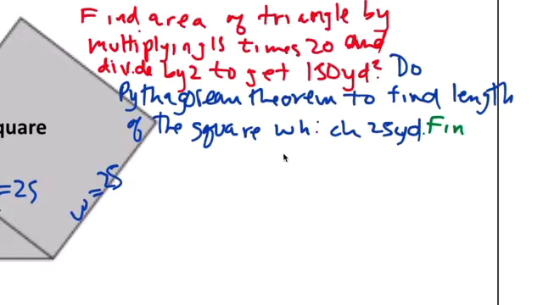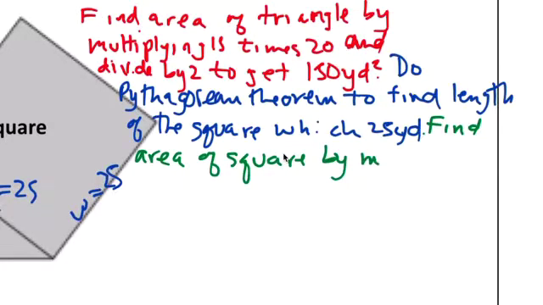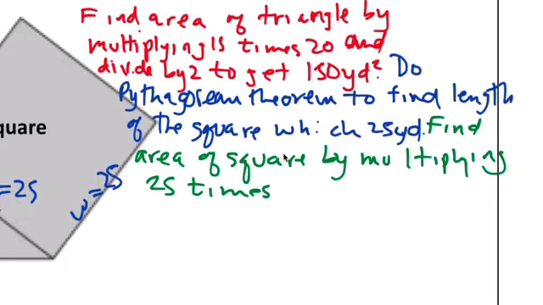Find area of a square by multiplying 25 times 25 to get 625 yards squared.